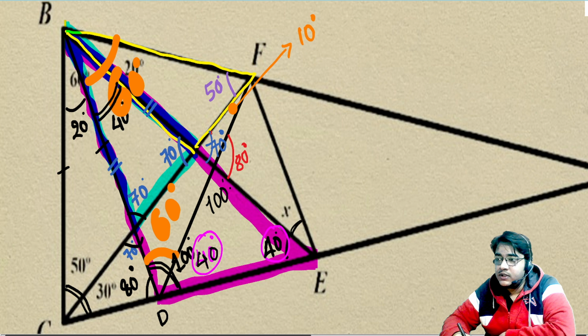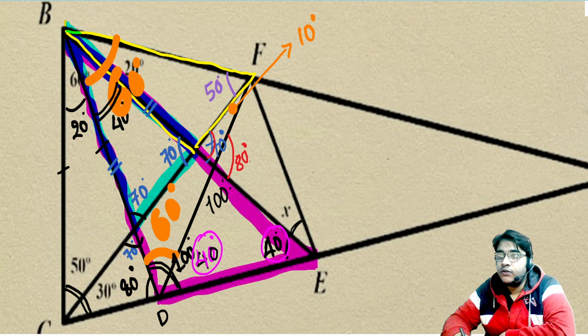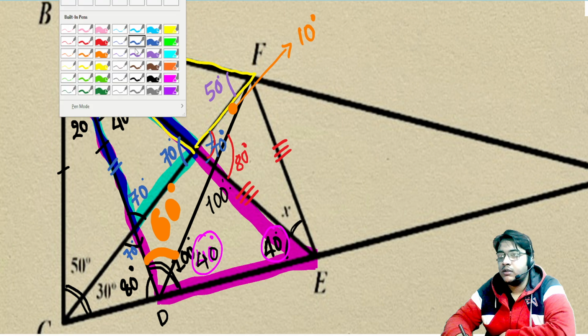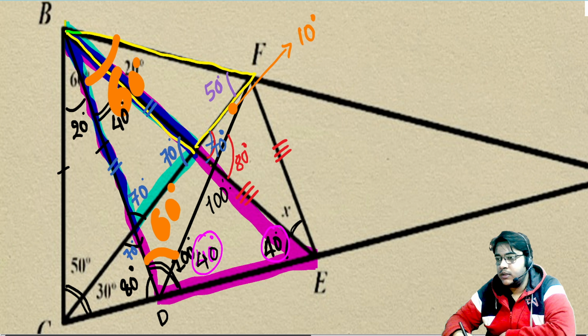Now obviously this is 70. I know for a fact that this length and this length are also going to be equal. Why? Because again the similarity will come into the picture, and the triangle will be this triangle. This is 10 degrees, so invariably this angle will be 60 degrees.